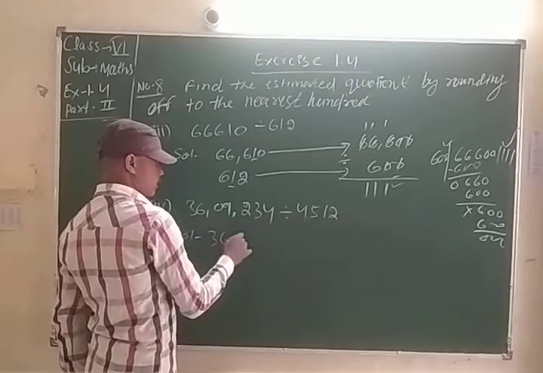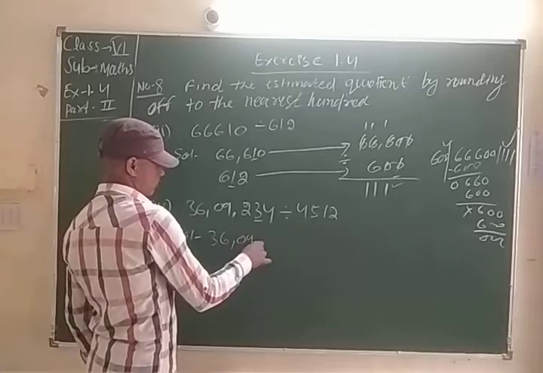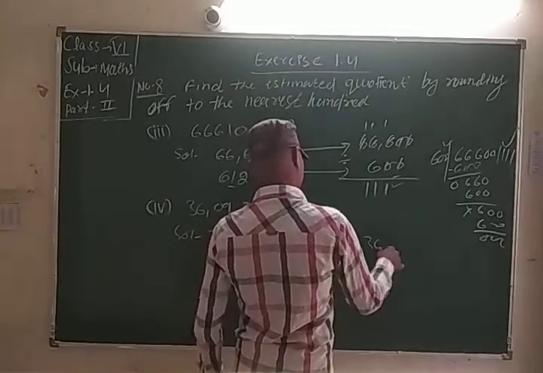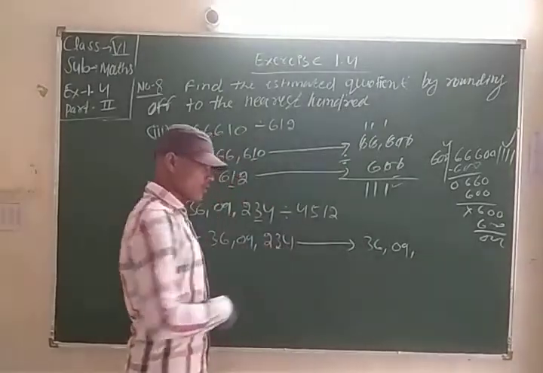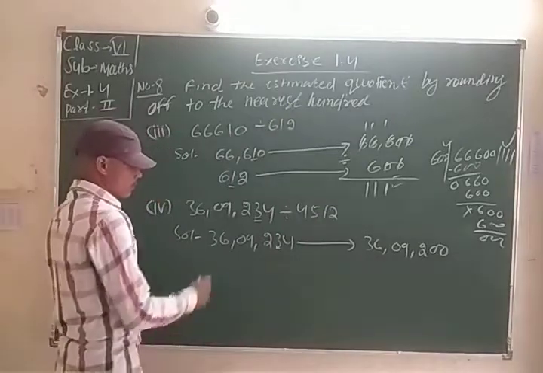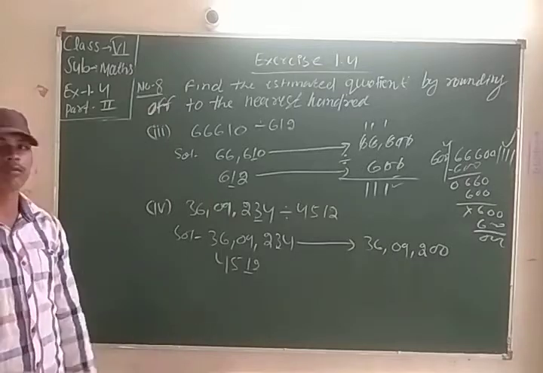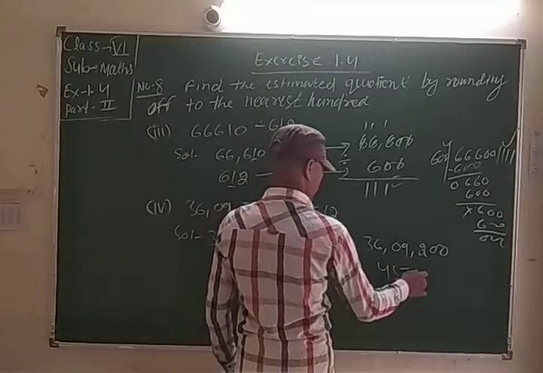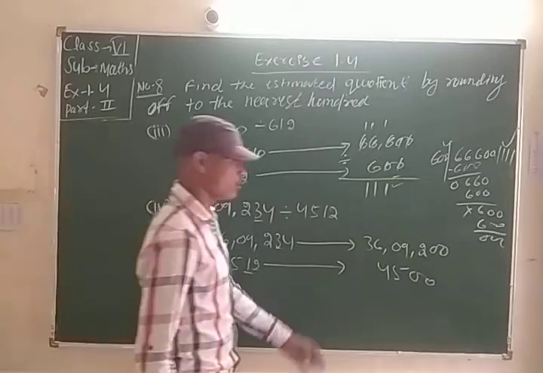So 36 lakh 9,234, here the tens place is 3, so it is rounded to 36 lakh 9,200. Now the last number, 4,512. The ones place is 2 and the tens place is 1, so rounded off it is 4,500.